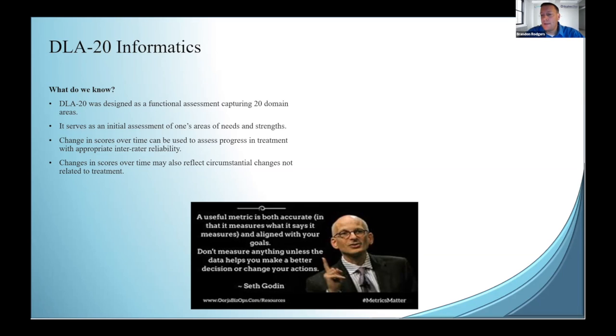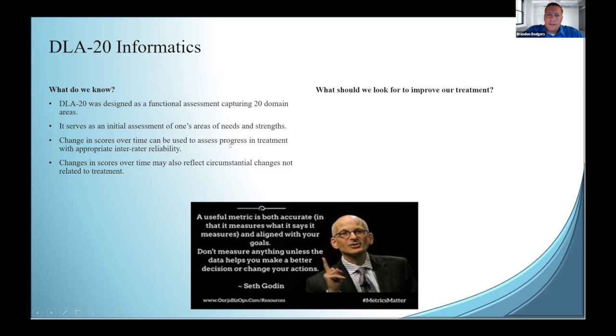He may drop in some areas around housing and things like that. As he moves away from things that used to be triggers to his substance use, we may see a decline that's not even related to treatment. Other things like loss of job, financial stressors could be unrelated to the treatment that the individual is receiving, but still a factor in how Brandon's functioning.